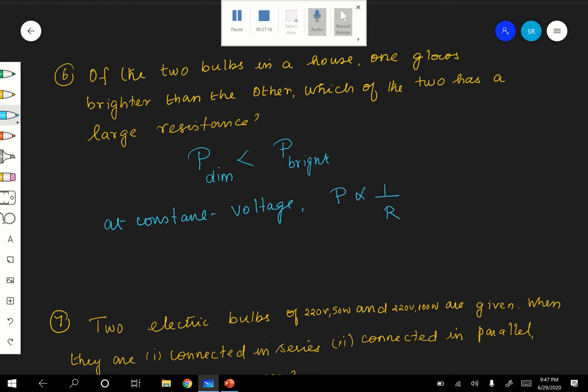Hope you are following. P is equal to V squared by R. In a house, it is definitely a parallel connection. All the bulbs and all the appliances are connected in parallel. Therefore, V is the same, so P is inversely proportional to R. Correct?